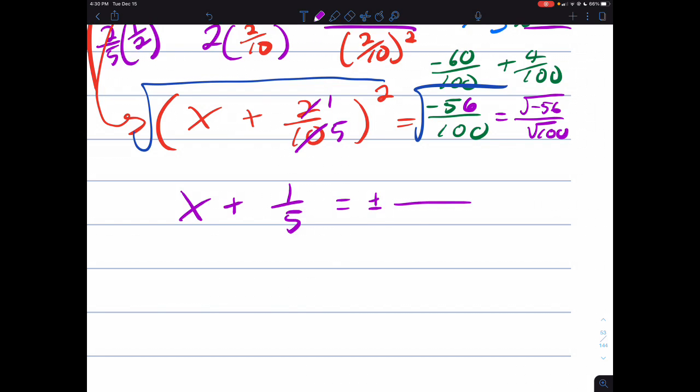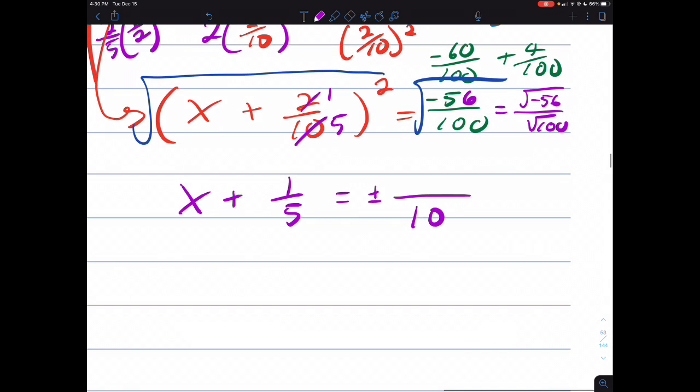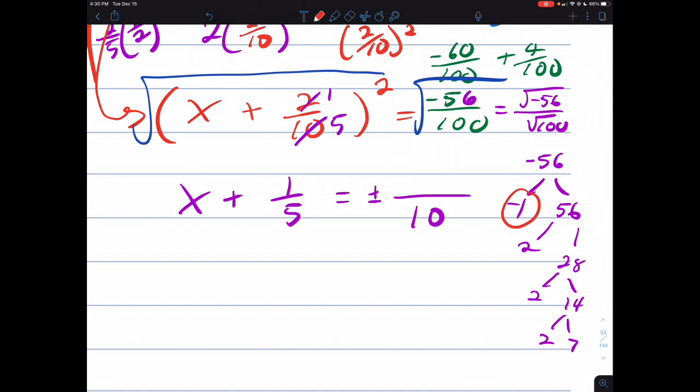Well, the square root of 100 is 10, and then negative 56. It's going to be negative 1 times 56, and then 56 is 2 and 28. 28 is 2 and 14, and 14 is 2 and 7. 2 times 7. So the negative 1 is going to give us an i, and then we have two 2's with a 2 and a 7 left over. So it's going to be 2i, and then we multiply these back together, 14.